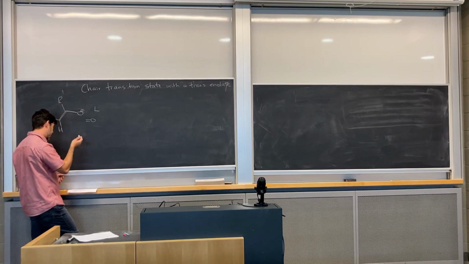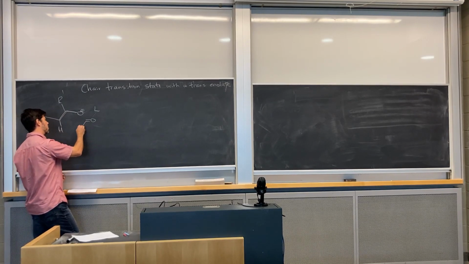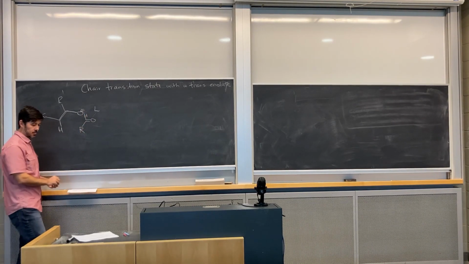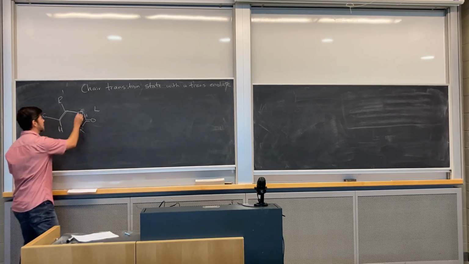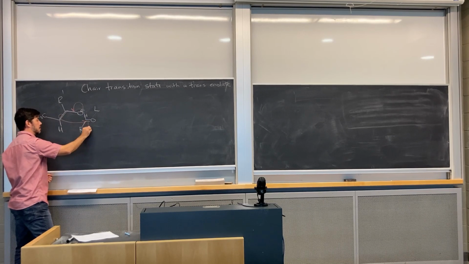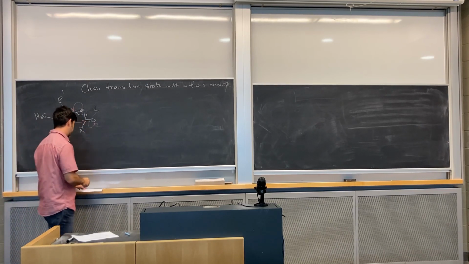We're going to have our aldehyde, and again, we're going to put that R group in the equatorial position because it's much bigger than the hydrogen. Okay, so when this comes and reacts, it's going to react like this.